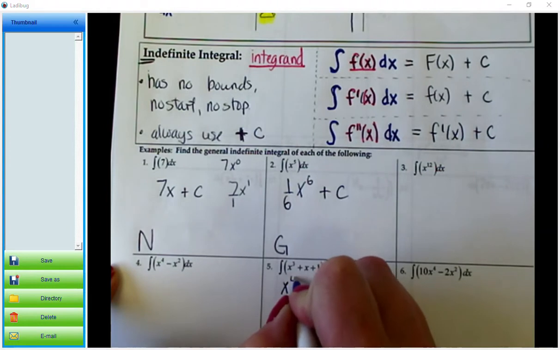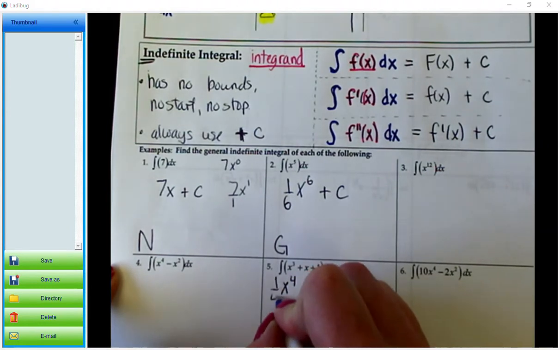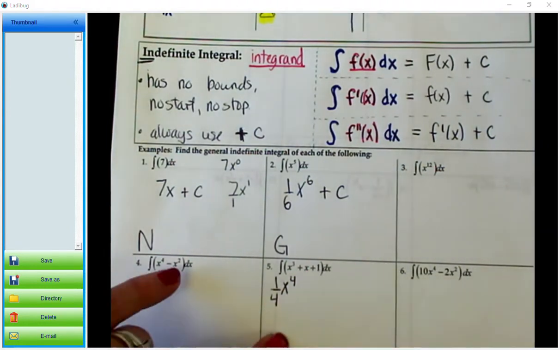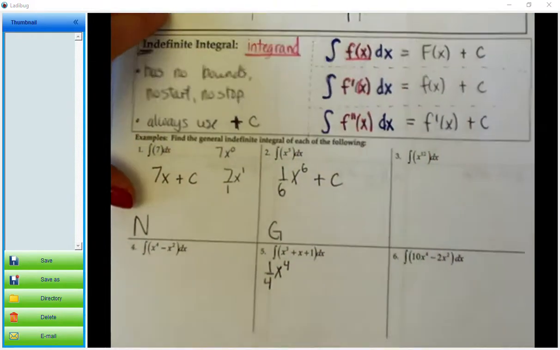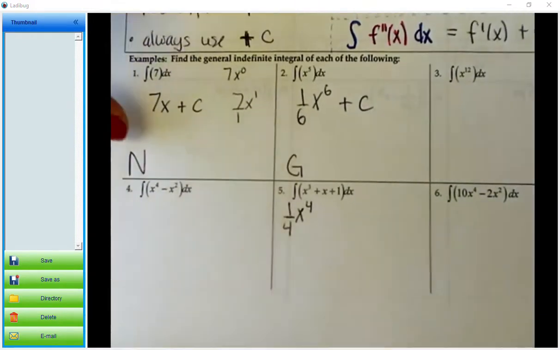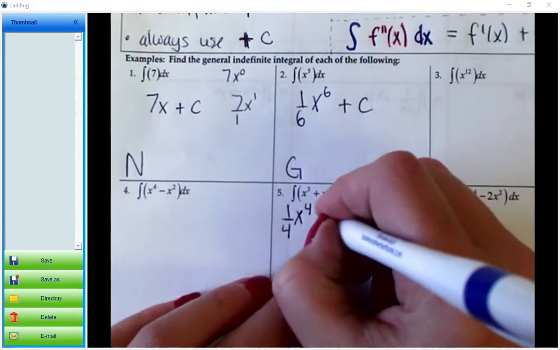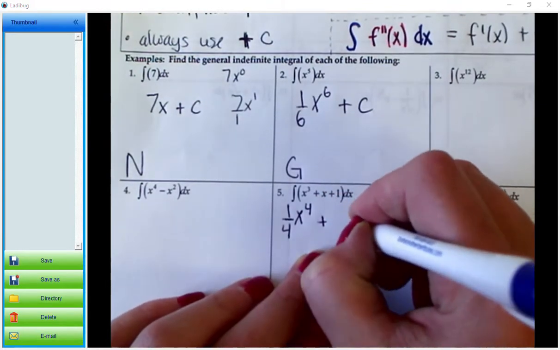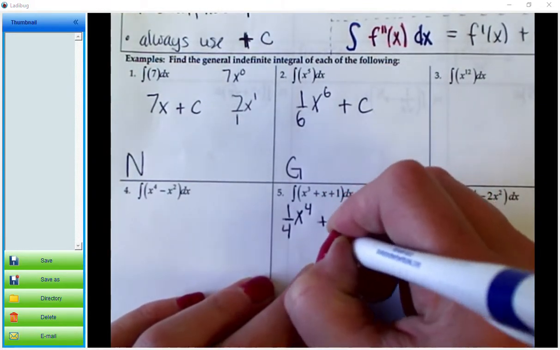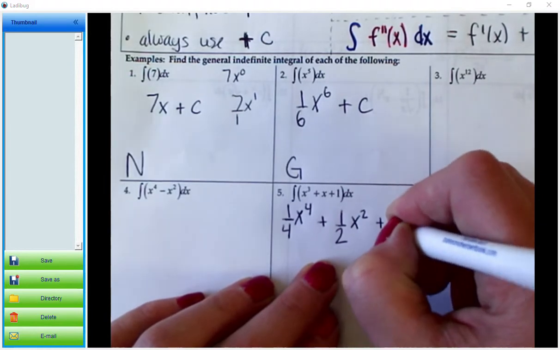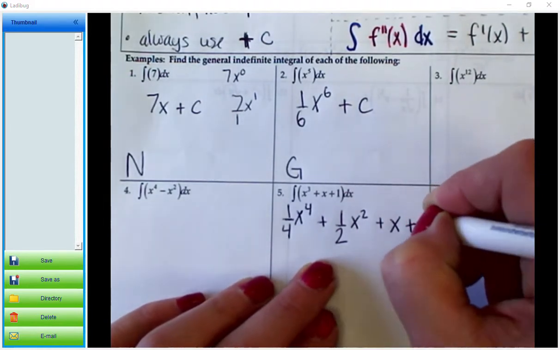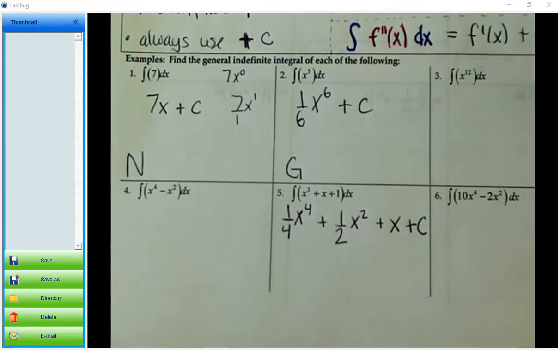Up in power, divide same number. Oh, there's more than one piece. Just do more than one piece. Exponent, x plus c or k.